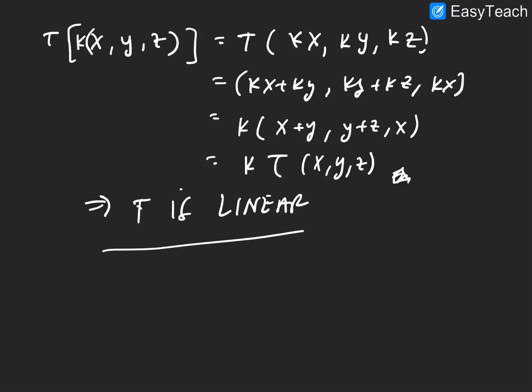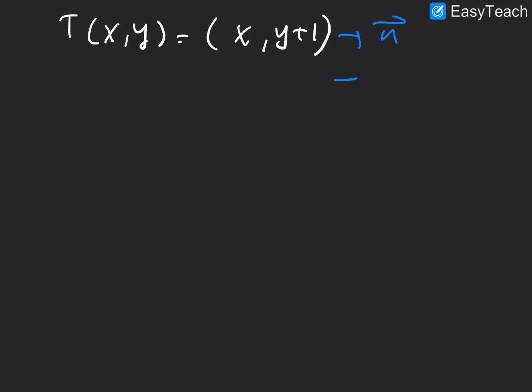Let's try a problem where t is not linear. I think that'd be a great thing to see. So let's just say that we're given t of x, y is equal to xy plus 1. Okay, so now let's just say this is my u vector. I need a v vector.